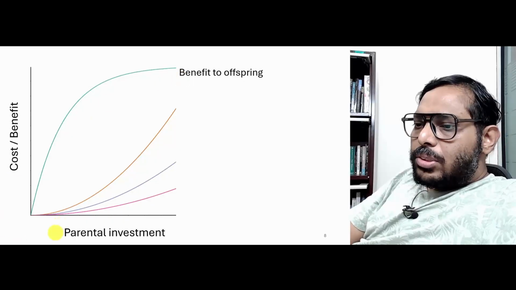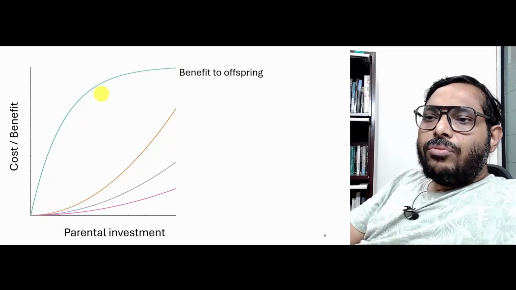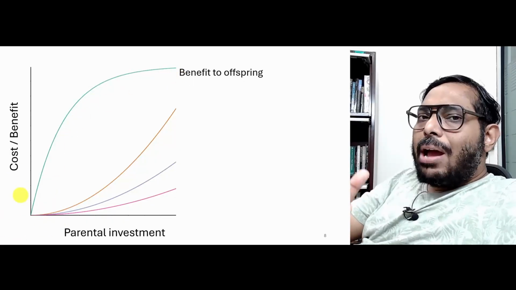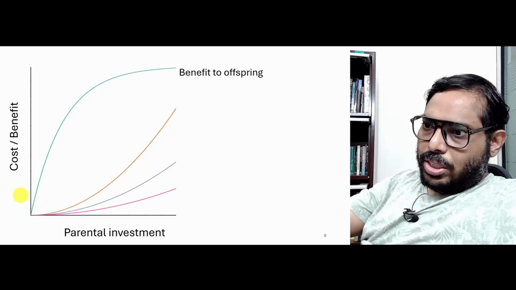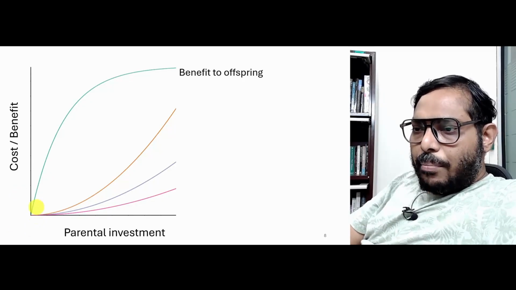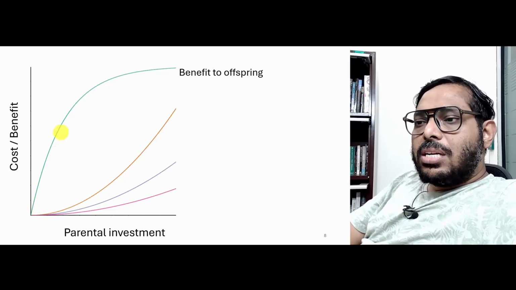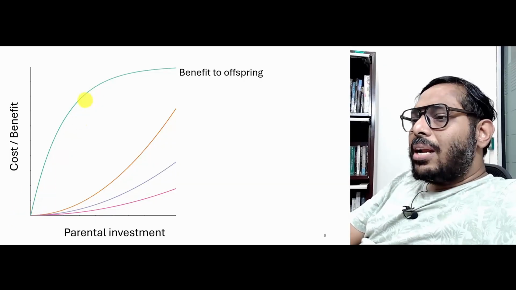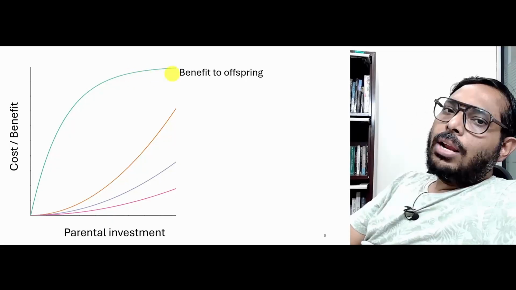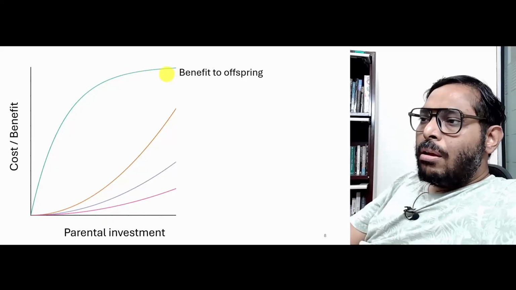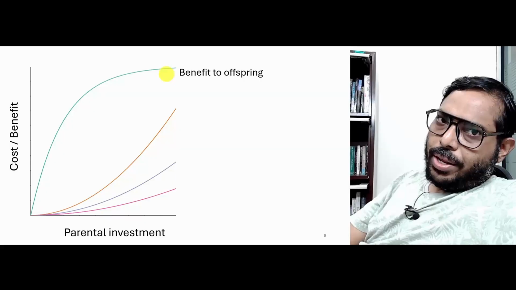So, that is what is leading to the shape of this graph. It does not really matter what functional form or what parameter values are used to draw this. All that matters is the appreciation that initially it is going to rise sharply, and then after some point it is going to taper off, and then at some point it will level off. Okay. So, this is the benefit to the offspring.